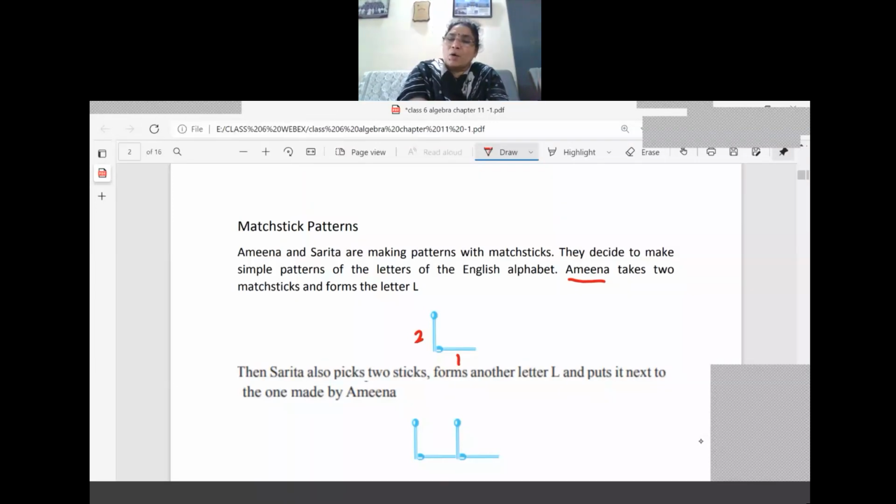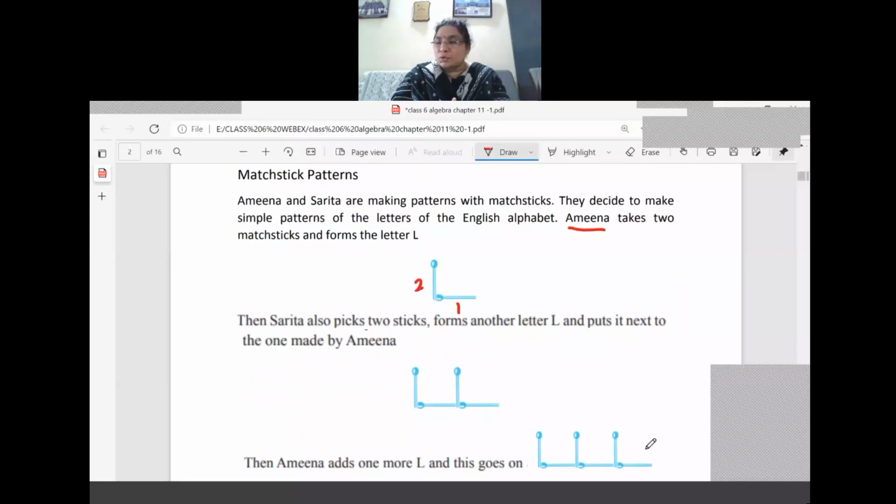And the next girl is Sarita. Sarita also picks two sticks, forms another letter, and puts it next to the one made by Amina. That means how many L's do we have now? Two L's. So she added another two matchsticks; the first L is completed by Amina and the second L by Sarita. Now Amina continues the process.